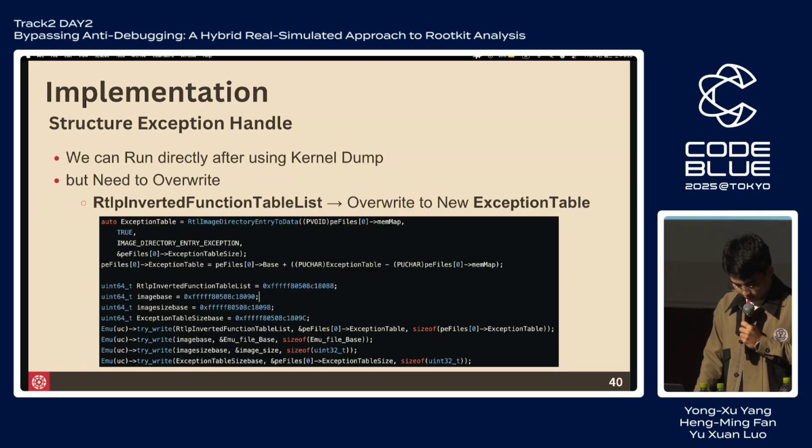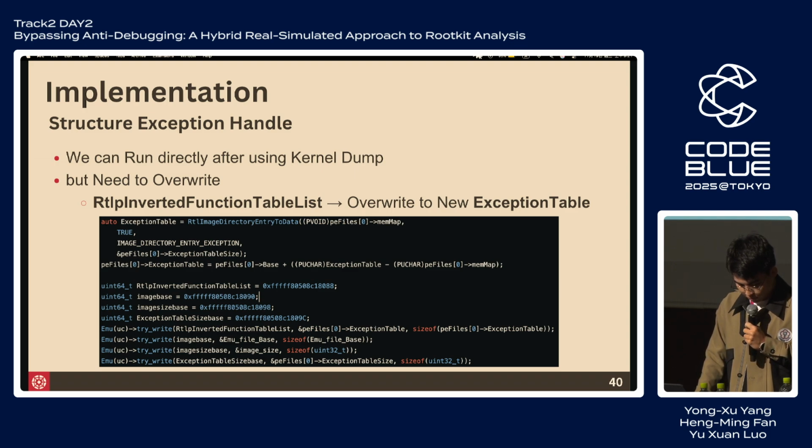Remember what I said in the PE loading part? Overwrite kernel dump. There is a very important parameter that we need to overwrite from the kernel dump: the inverted function table list. We need to overwrite the pointer of the original driver's exception table with the new driver's exception table address.